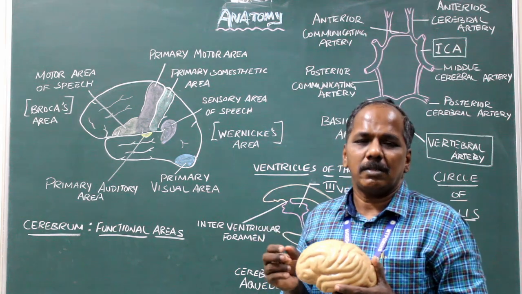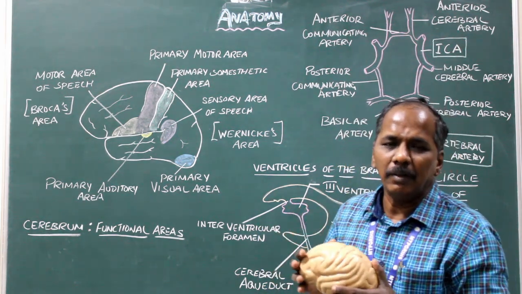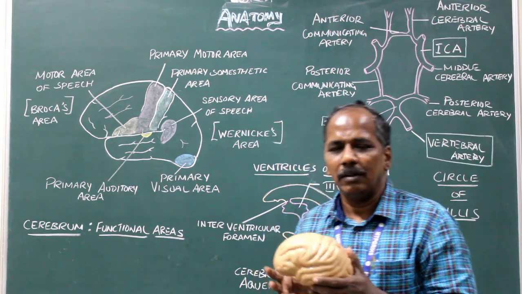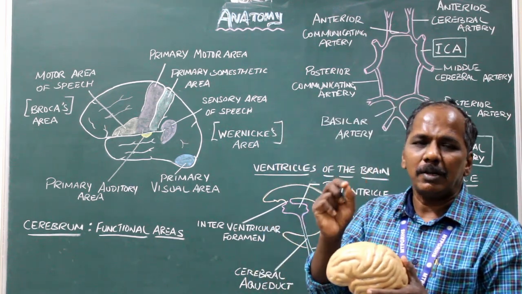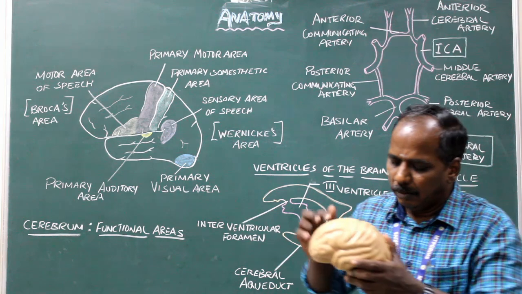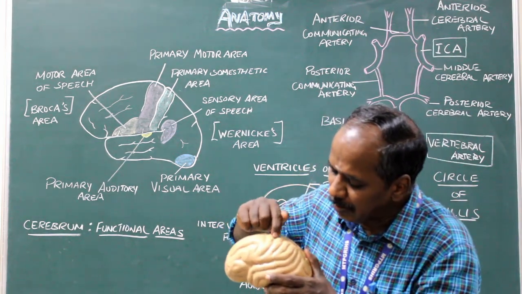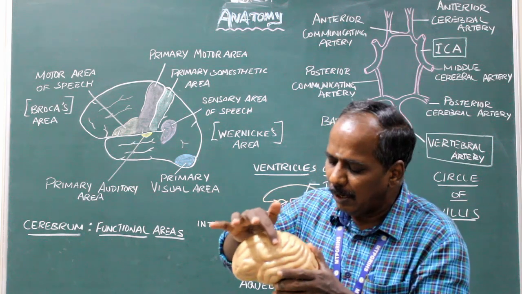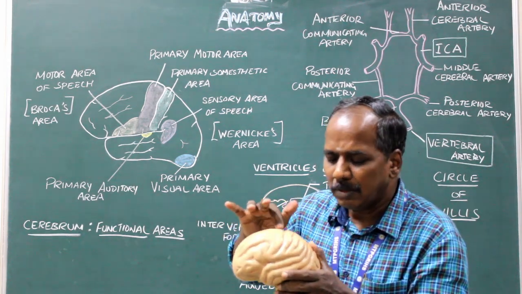Important functional areas of the cerebrum. What are the functional areas of the cerebrum? Number 1, primary motor area. I already told you this is the central sulcus. This is the area where the primary motor area is situated.